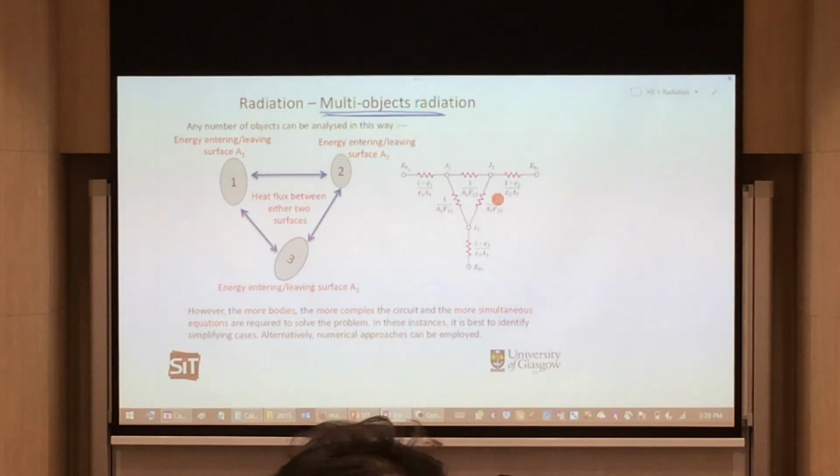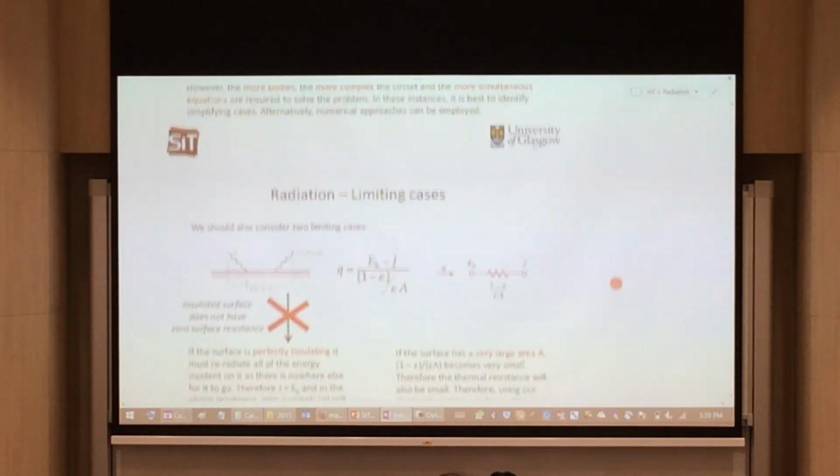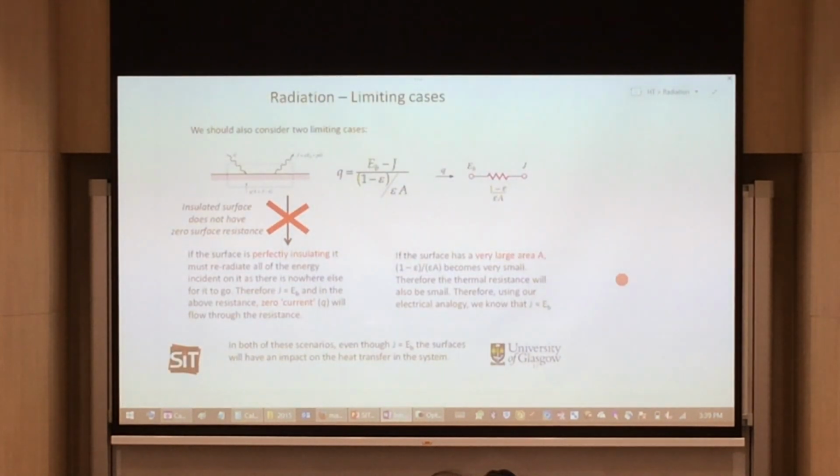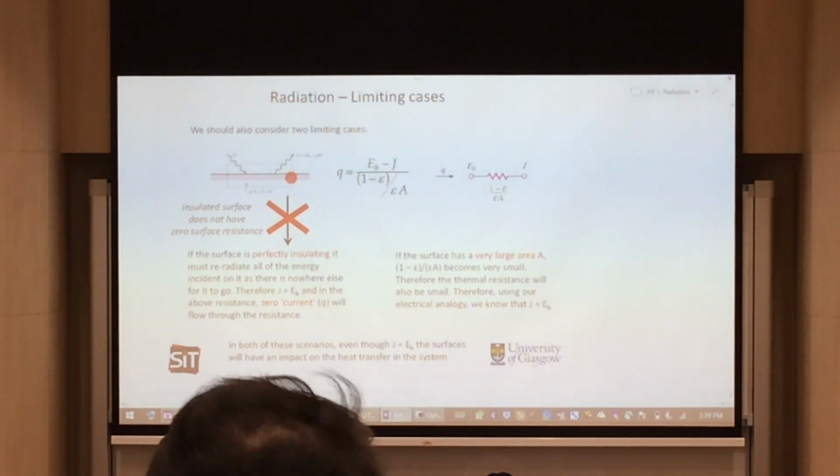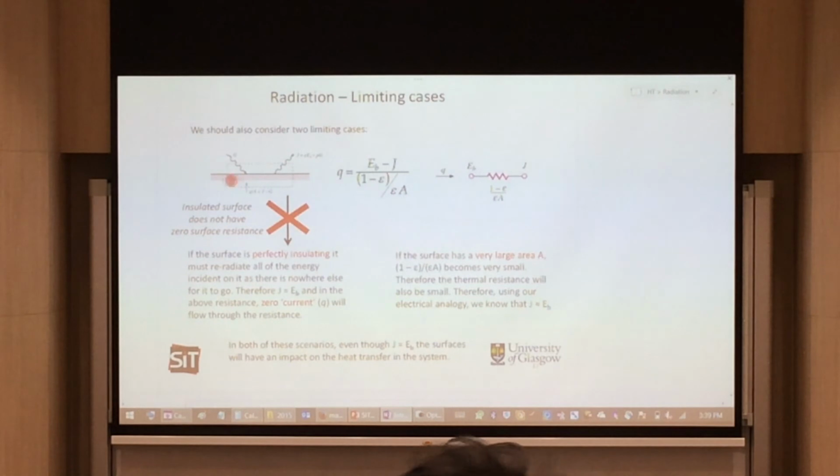Later on, we'll try to simplify this case. This would have a lot of simultaneous equations that we need to solve. But there's one way that we could simplify the case, if we consider 2 limiting cases. The first limiting case: if this surface is perfectly insulated, what that means is that it must re-radiate all the energy that's incident on that surface.